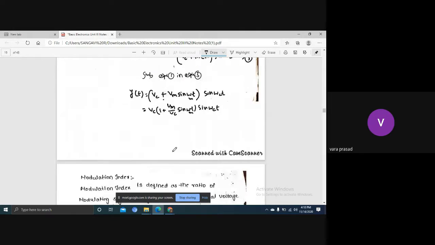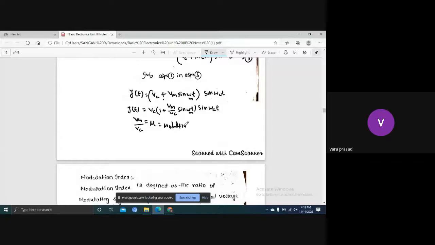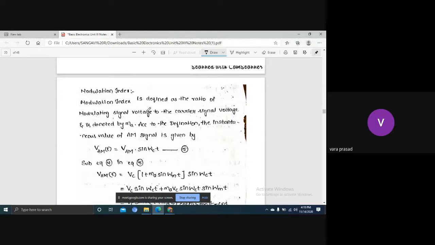Here I'm going to introduce the factor: Vm by Vc, I can keep it as mu. This mu is nothing but the modulation index. The modulation index is defined as the ratio of modulating signal voltage to the carrier signal voltage, Vm by Vc.